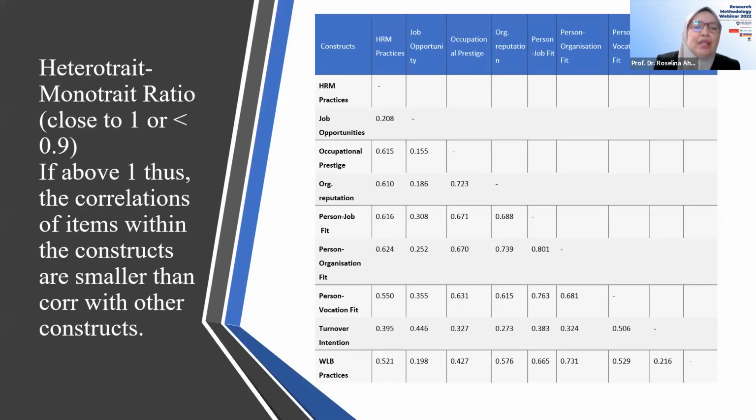And of course, you can also use HTMT. HTMT has to be less than 0.9. I think you are quite familiar with that from just now.